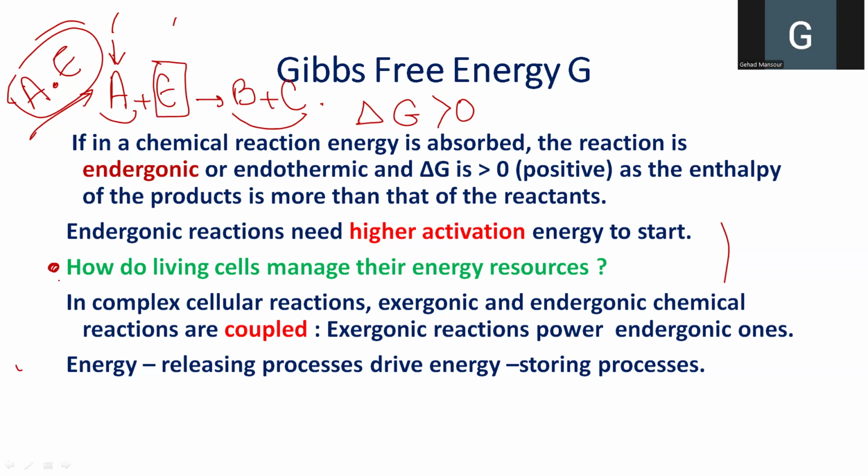You will see that there is coupling of endergonic reactions with exergonic reactions, and that sounds logical, because exergonic reactions release energy, and that released energy will power endergonic reactions, which themselves require an activation energy. So the energy released by exergonic reactions will be considered activation energy for endergonic ones.